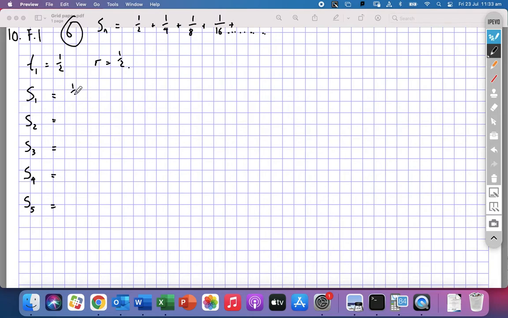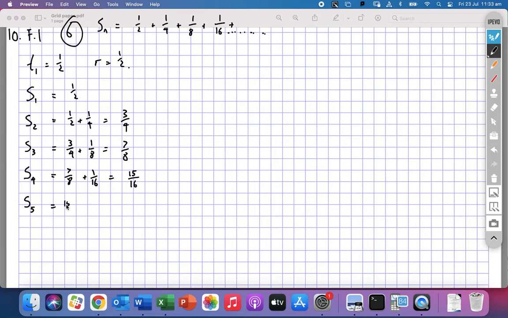Well, obviously summing up the first term just gives you a half. The next one will be a half plus a quarter, which is 3/4. Take your previous answer, add on your next term, an eighth, so that gives you 7/8. Then you take your 7/8 and add a 16th, and you'll get 15/16.